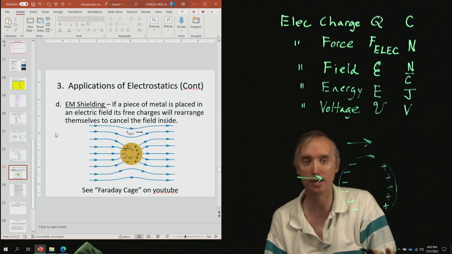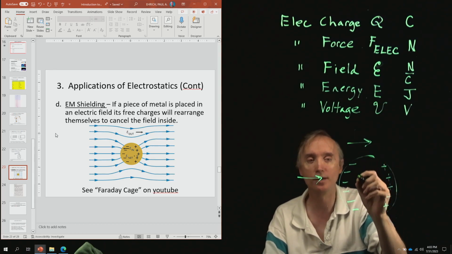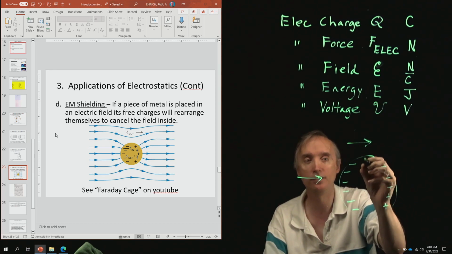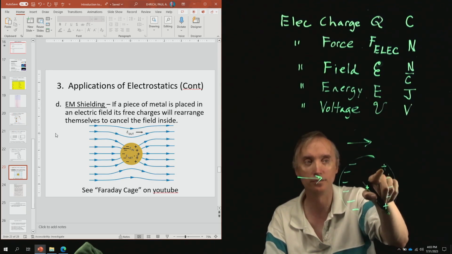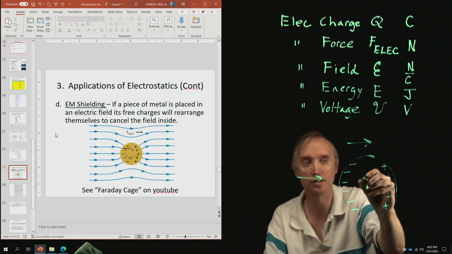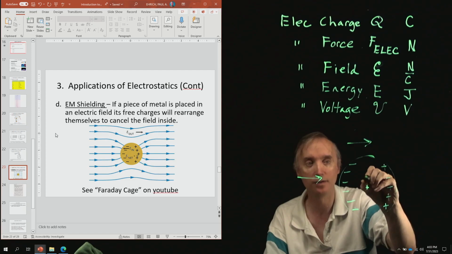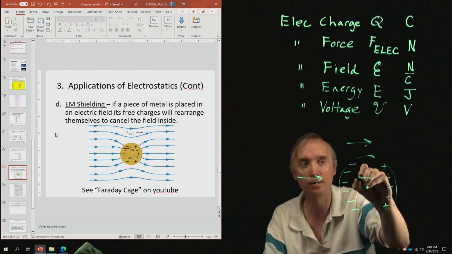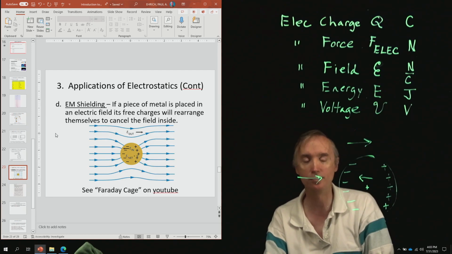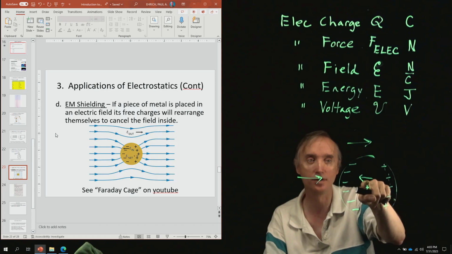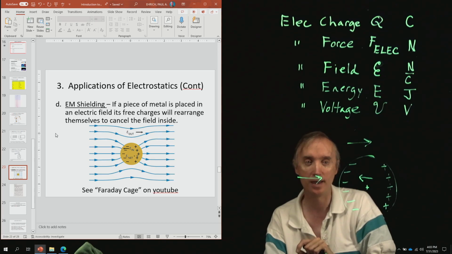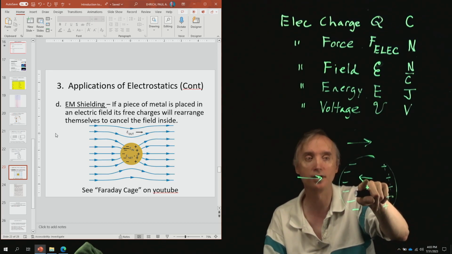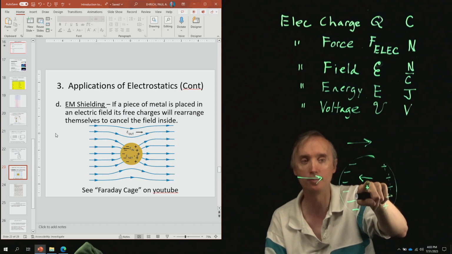Now, what difference does that make? Remember that if you were to take a teeny tiny positive charge, it's going to be repelled by these and attracted by these, so inside the piece of metal another electrical field is generated. But what do you notice? This electrical field is in the opposite direction to this electrical field here, and it turns out that it will be equal and opposite.